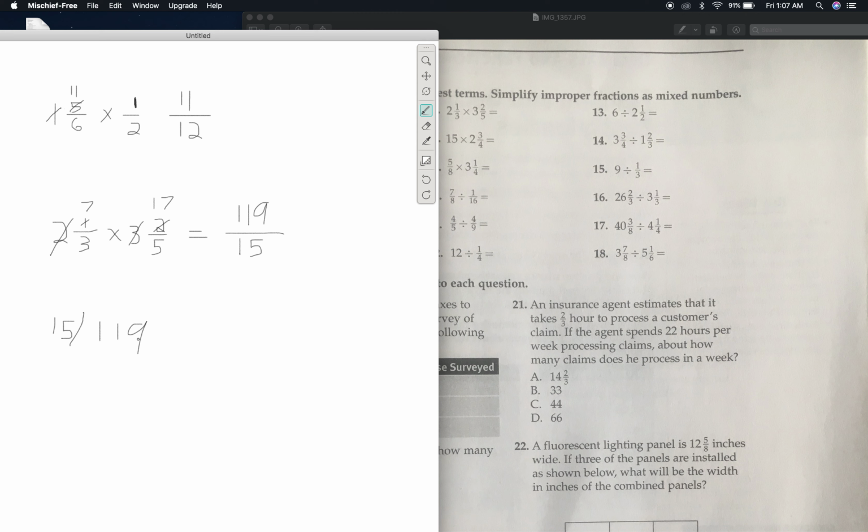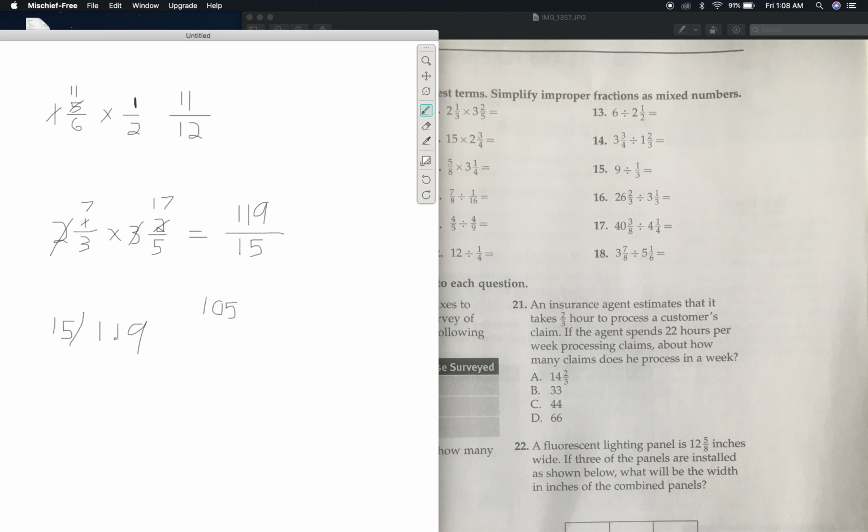So 15 times, for example, 7 is 105. Okay, so I have 105. So we know it goes in there 7 times.